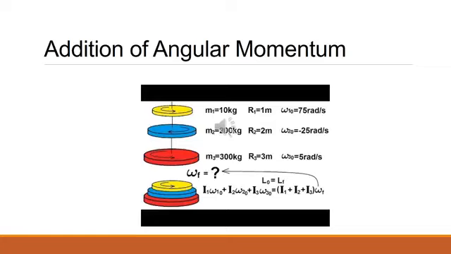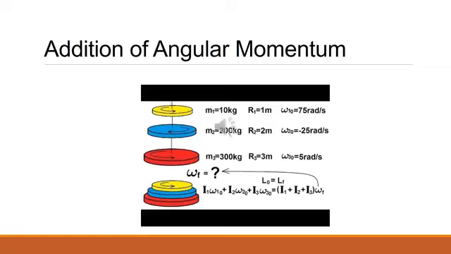For addition of angular momentum, take the example of three masses m1, m2, and m3 rotating about their axes with the radii r1, r2, and r3 respectively.